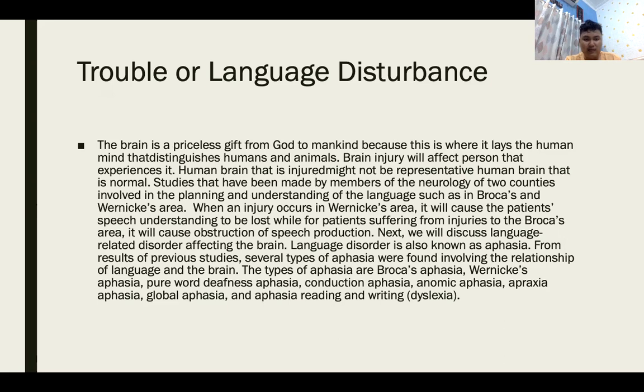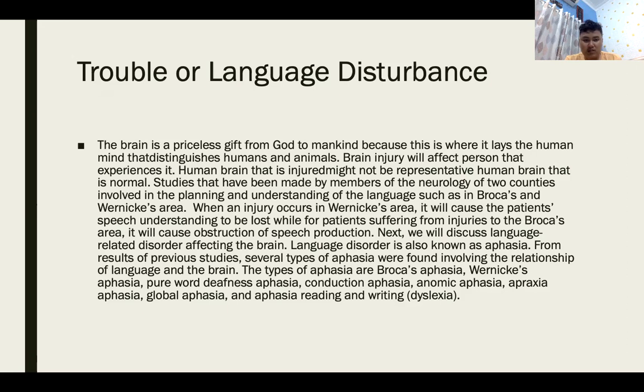Studies made by members of neurology show that two areas are involved in the planning and understanding of language, such as Broca's and Wernicke's areas. When an injury occurs in Wernicke's area, it will cause the patient's speech understanding to be lost, while for a patient suffering from injuries to Broca's area, it will cause obstruction of speech production.